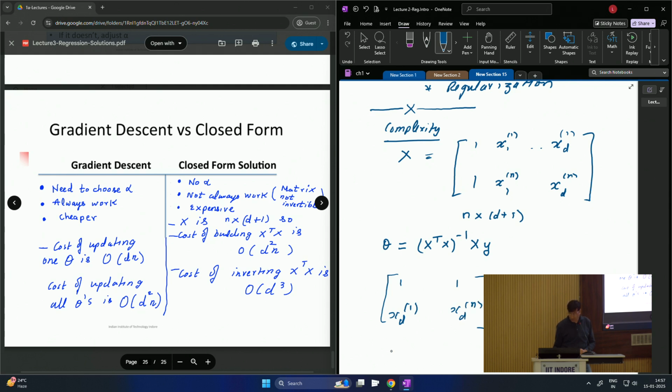Correct? This is d plus 1 rows and n columns, and then you would have 1, 1, x_d1 and x_dn. And this was n rows and d plus 1 columns, correct?